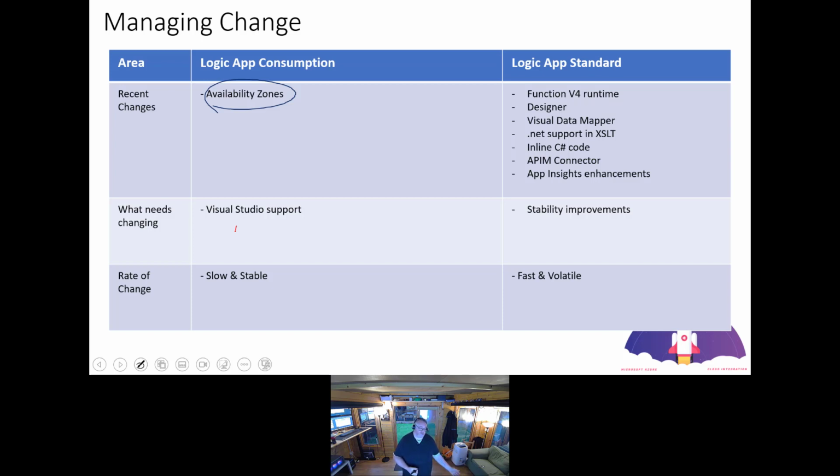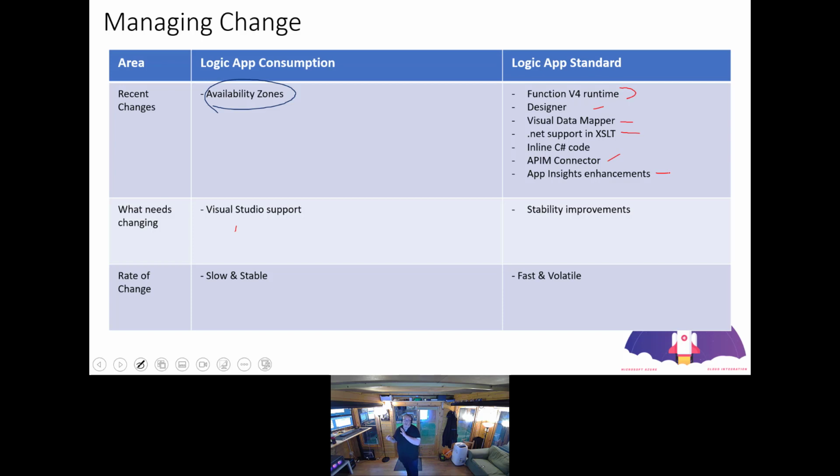We've talked earlier about some of the changes we'd like Microsoft to do, but generally it's at that point on the hype cycle where it's the plateau of productivity, so you're really just using it, you know how to be effective with it. There's not a huge amount of innovation needed at this point, but on standard there's loads going on. So we've got runtime 4 at the back end of last year, we've had designer changes multiple times, the visual map, we've had .NET support in a couple of places, API-M connector, app insights enhancement.